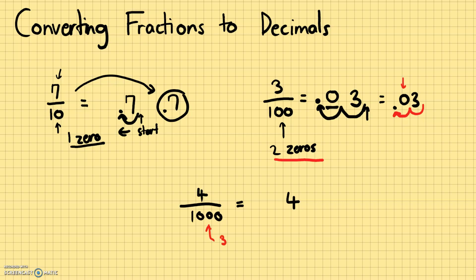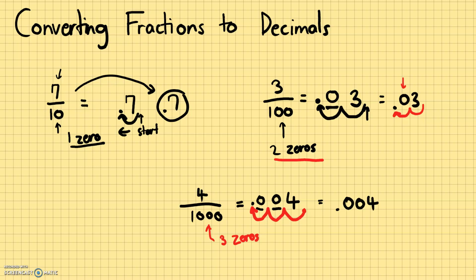There are 3 zeros this time. So starting here, we're going to go 3 places. 1, 2, 3. Put a decimal point here after the 3 places. And then since there are empty spaces here, you have to put zeros here.